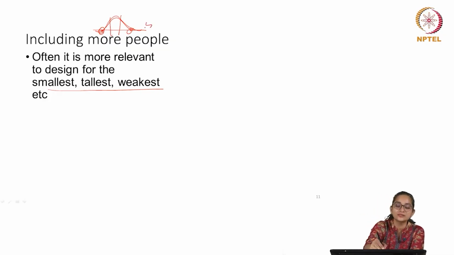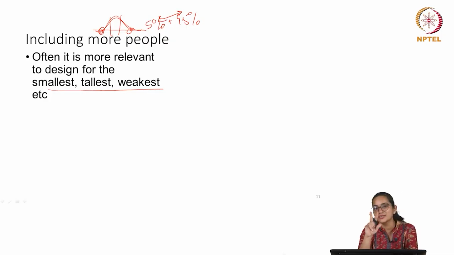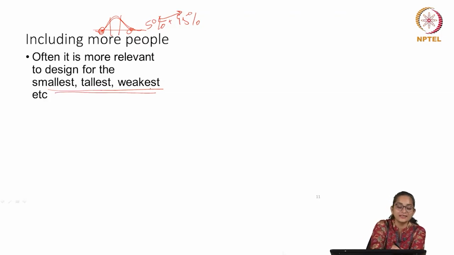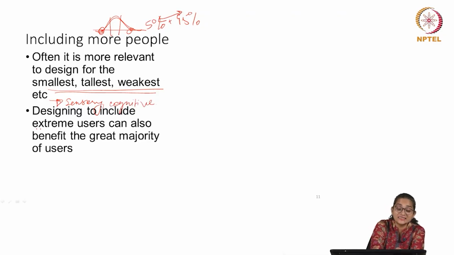If you are able to serve 5th percentile or 95th percentile people, the average people, the 50th percentile, automatically get access. And this can be directly extended to other sensory disabilities, sensory hindrances or cognitive hindrances as well. So, designing to include extreme users can benefit the great majority of users.